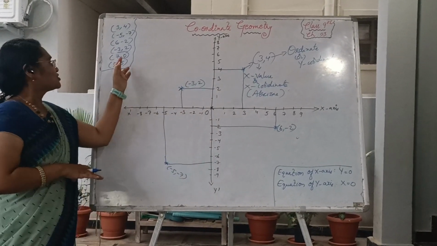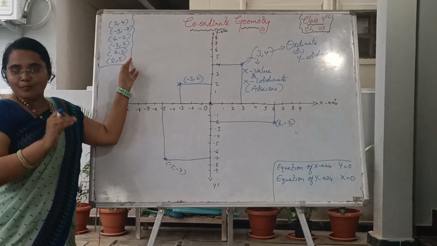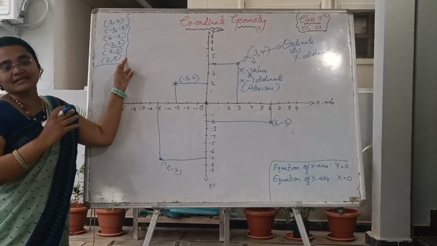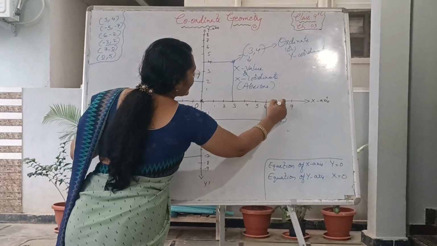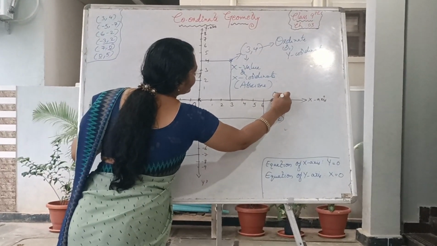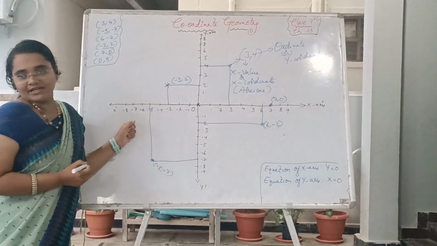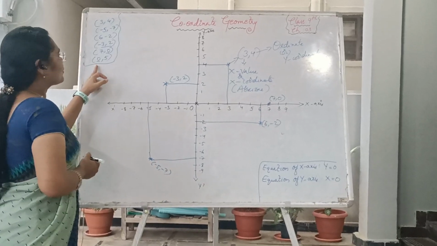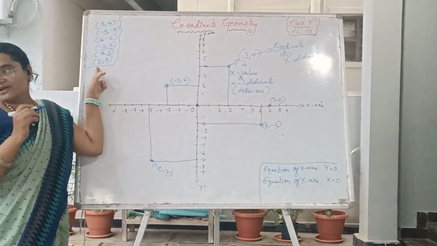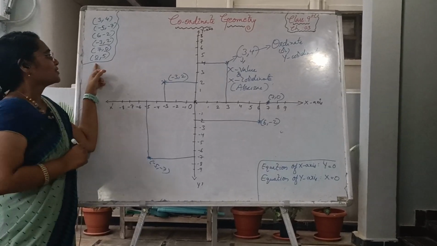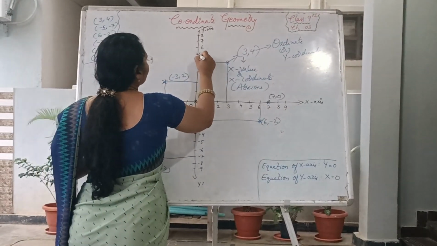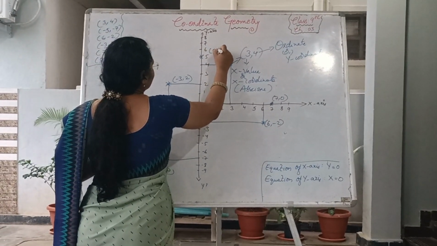Blindly, whichever value is absent, the point will be located on the other axis. So (7, 0) will be located on the x-axis because it has no y value, or ordinate value. Next, (0, 5): does it lie on the y-axis or x-axis? Y-axis. Very good.